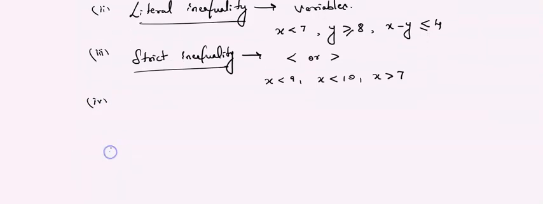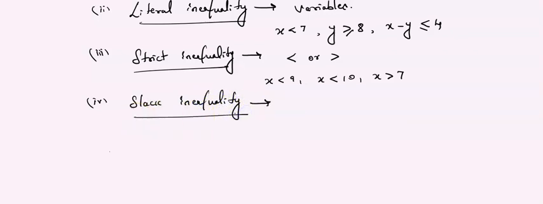Is this clear? The next is slack inequality. What is slack inequality? An inequality which has only greater than or equal to, or less than or equal to.